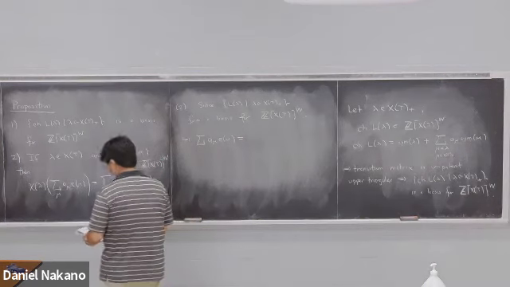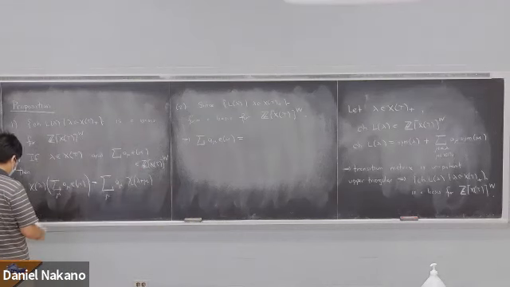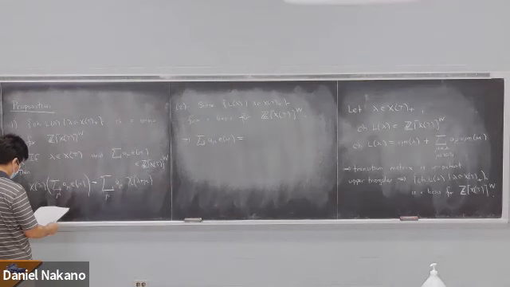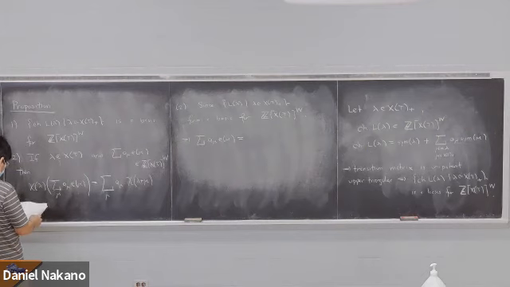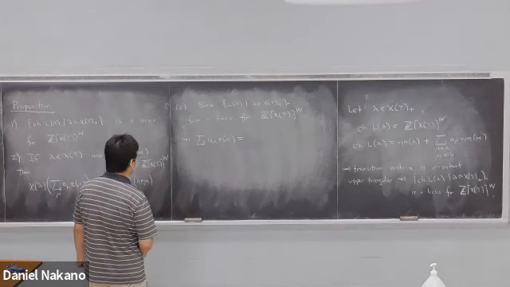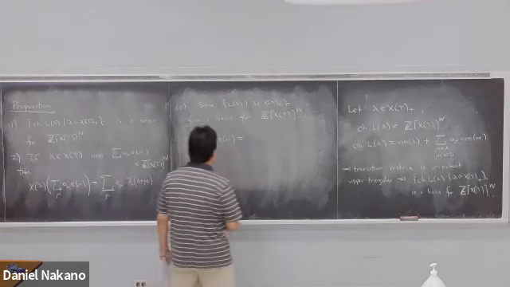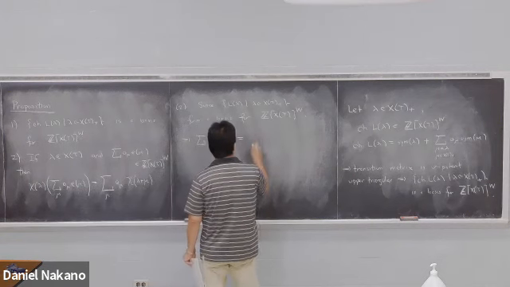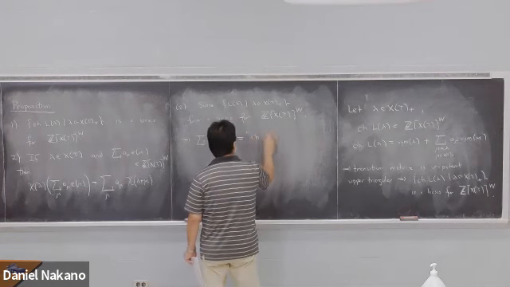The mu is positive. No, they're not. It turns out that this is okay even if the mu's are not positive. So this turns out to be, in quotes, the character of a G-module.